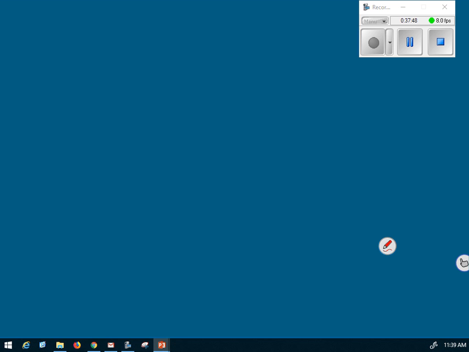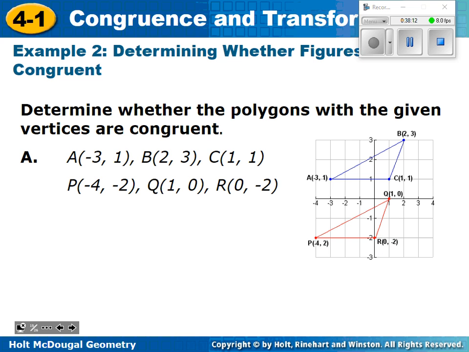Should say example 2 on it. Does it say example 2? Do they all say example 2? Example 2, not the one that says continued and not the check it out example 2. The one that says example 2.